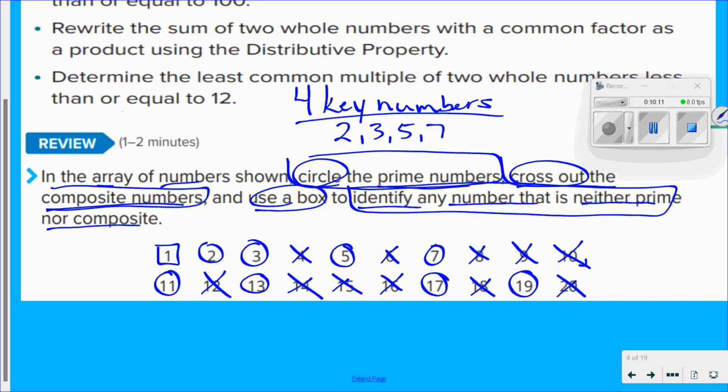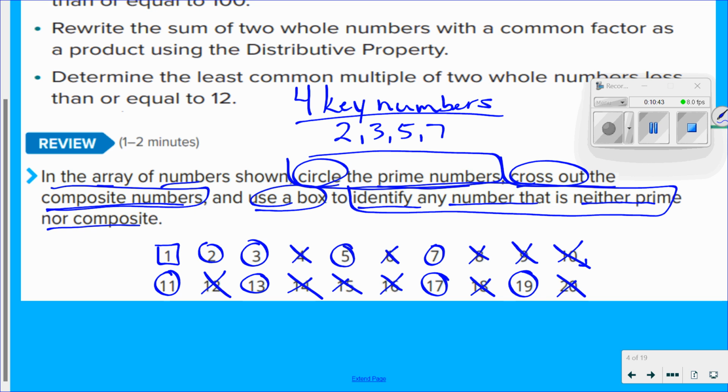So let's check another number. Let's go with 53. Can I divide 53 by 2? No. Can I divide 53 by 3? By 5? By 7? We just said no 4 times. That means 53 is a prime number. You see how fast it is to figure that out if you go to your 4 key numbers? It is really important that you know your 7 facts, because there is a trick to 7, but quite frankly, the trick is more complex than just doing the mental math.